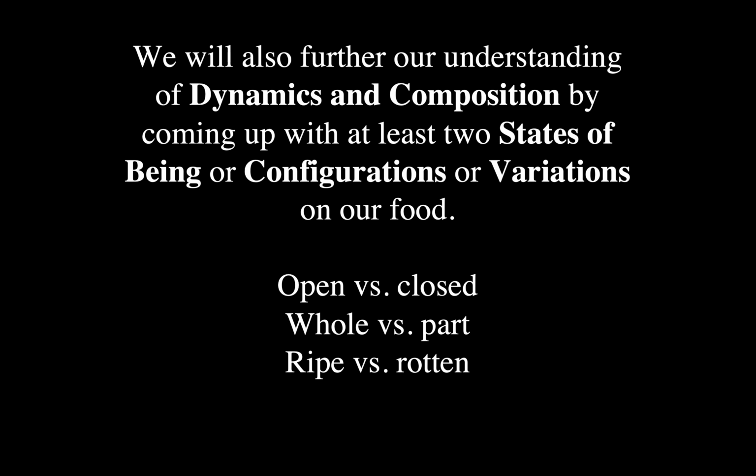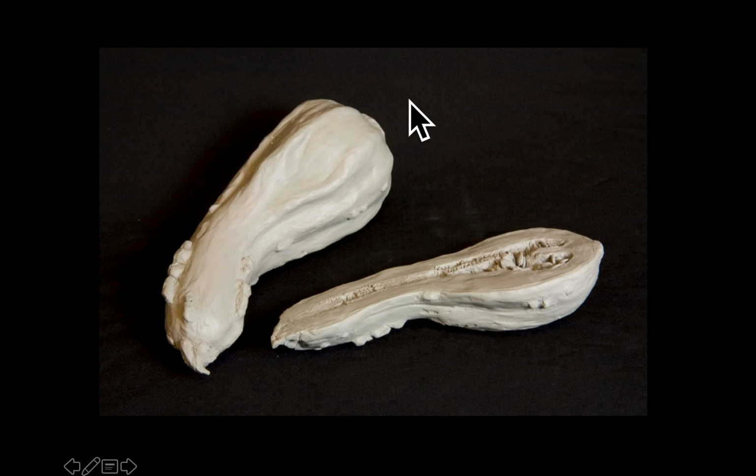So having on the one hand, two states of being or configurations or variations on our food: open versus closed, solid versus hollow, a mass versus a volume, whole versus part, ripe versus rotten, very static and stiff versus something that's more twisted and dynamic. So, having a twist like this is going to be better than just a straight up piece of fruit. Does that make sense?